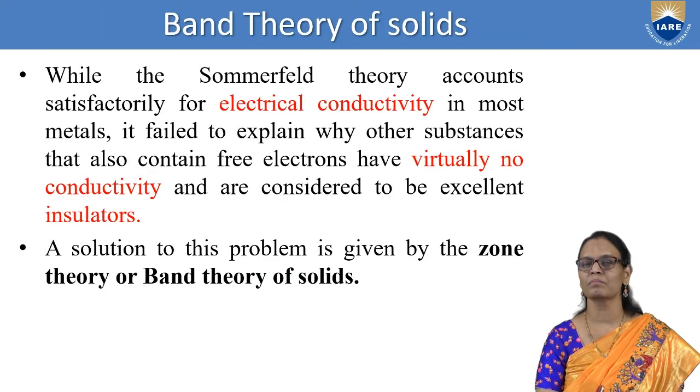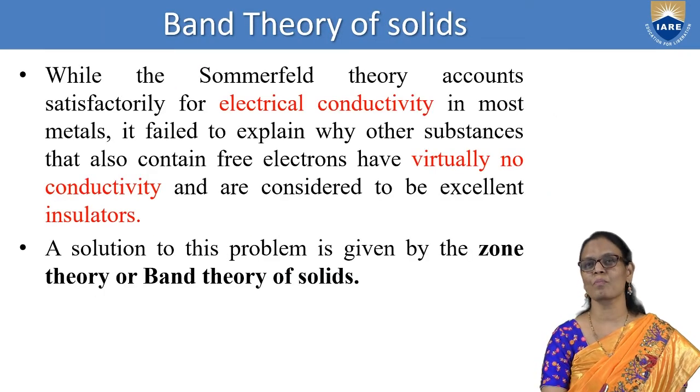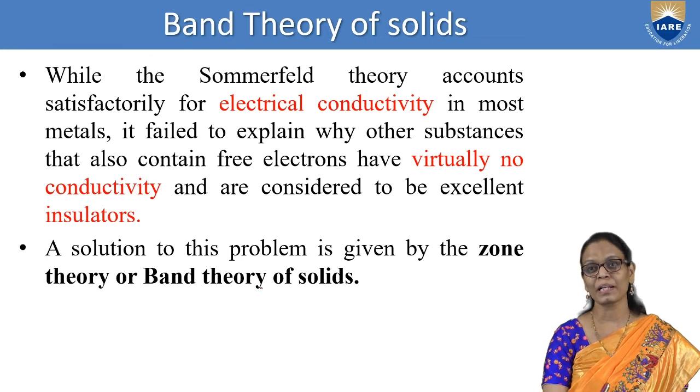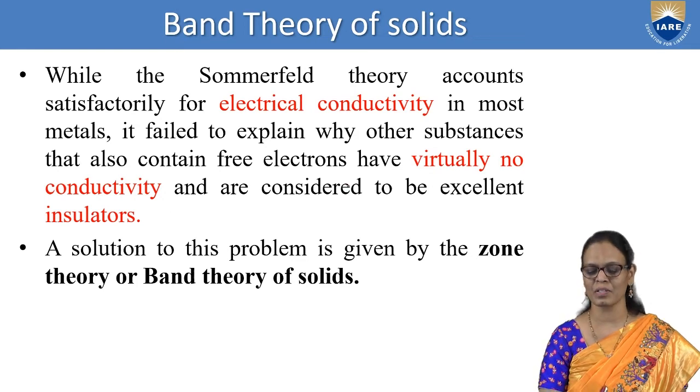There comes the band theory. While Sommerfeld theory accounts satisfactorily for electrical conductivity in most metals, it failed to explain why other substances which also have free electrons virtually had no conductivity and are considered to be insulators. This is what they could not explain.